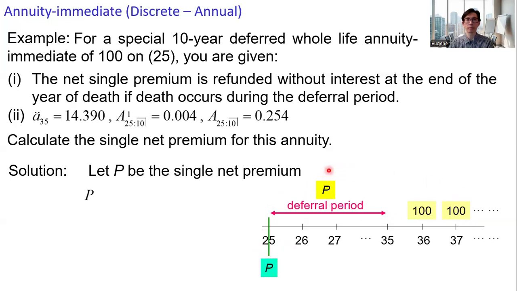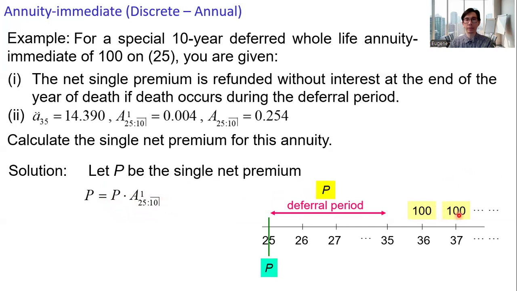So we have P, the premium, equals the benefit. Okay, for the death benefit, this corresponds to the insurance. A 10-year term insurance, the benefit is P. So we have this expression.